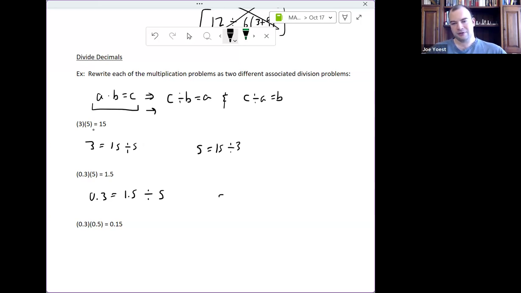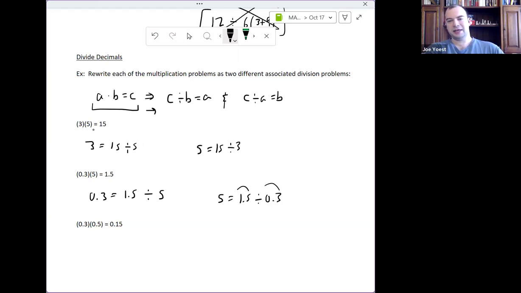Or I can say that 5 equals 1.5 divided by 0.3. In other words, how many times would I have to accumulate $0.30 to make $1.50? I would have to get $0.30 5 times.